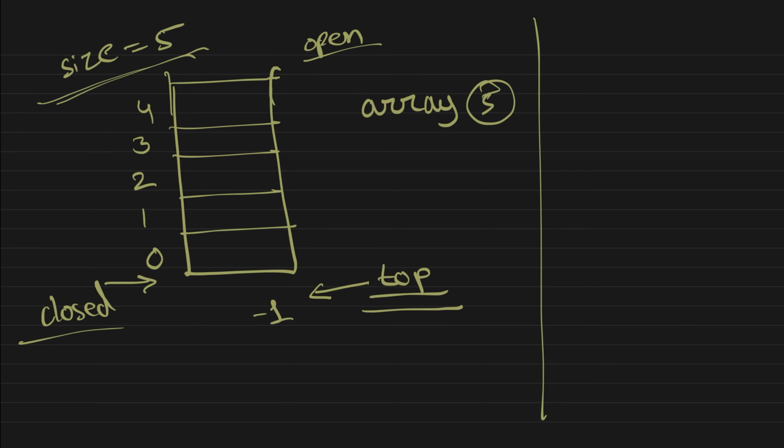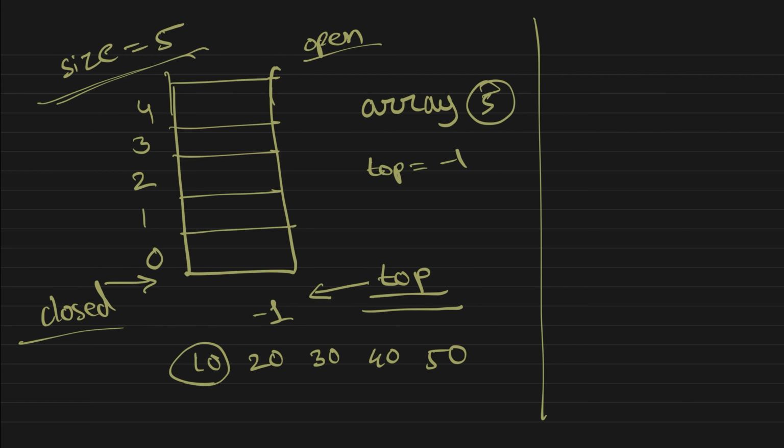So initially my value of top is -1. What I would do is first increment my top by 1 and then add my element at that location. So let's say the elements are added in the order 10, 20, 30, 40 and 50. Okay, so the first element that I am adding is 10. Initially my top is what? -1.